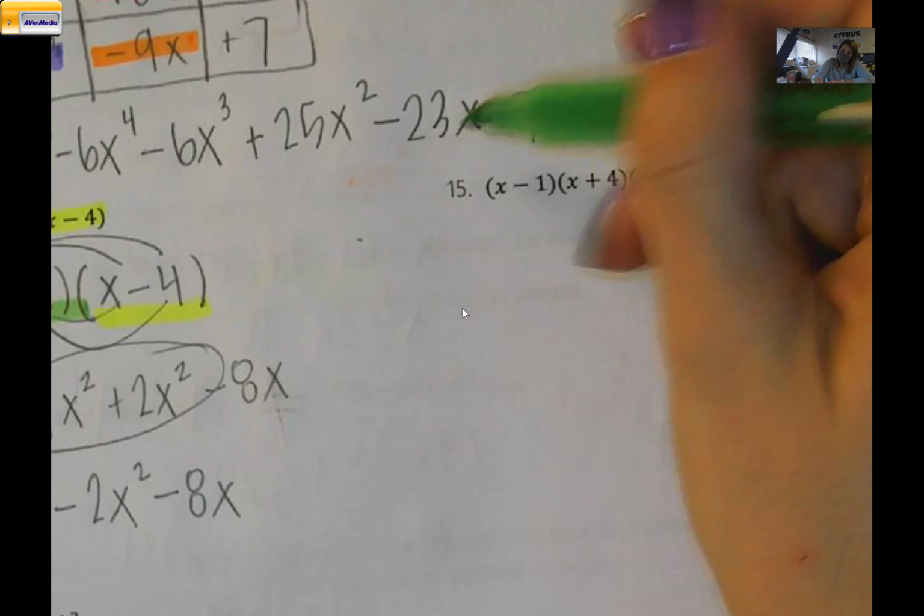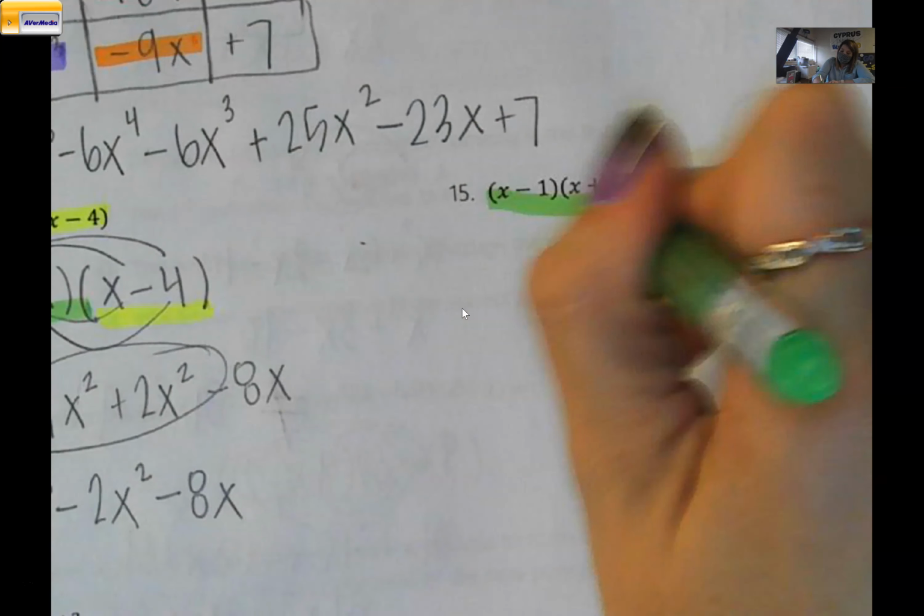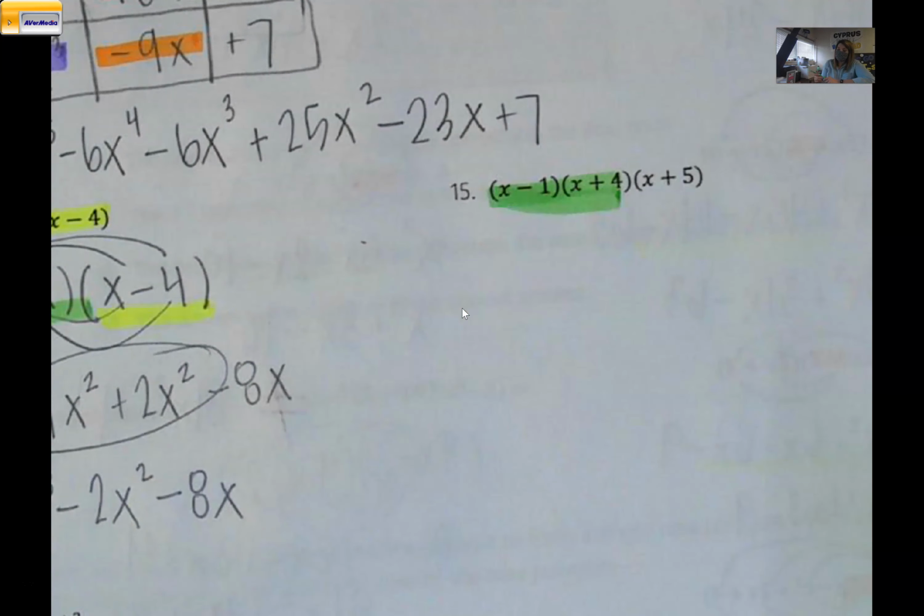So 15. Now it becomes more complicated because we start by double distributing.